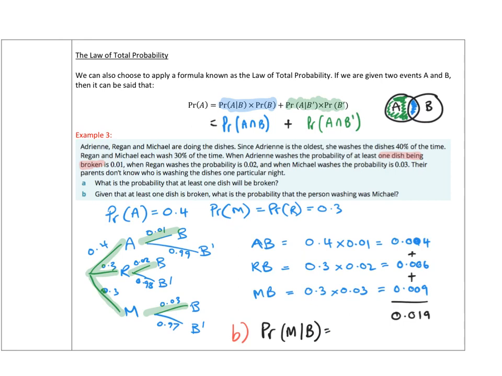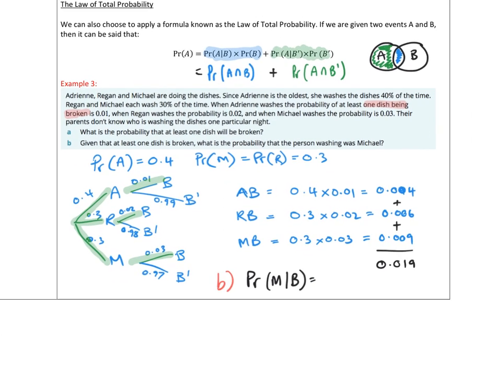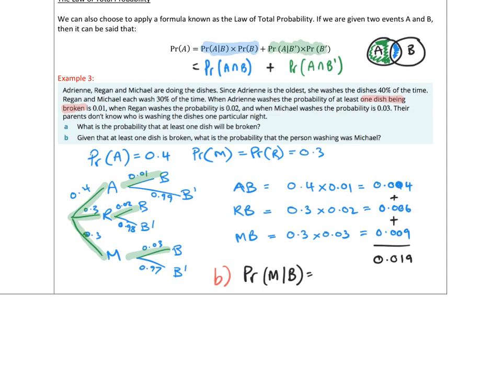Now we know that, and I'm running out of room here, so we'll just zoom out a little bit. This is the probability of M and B divided by the probability of B.